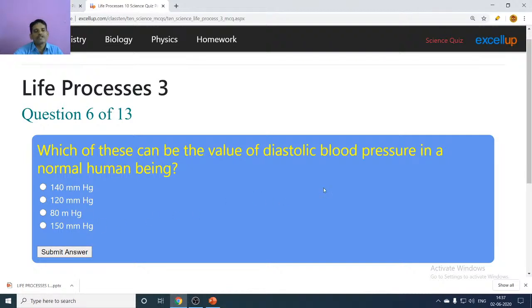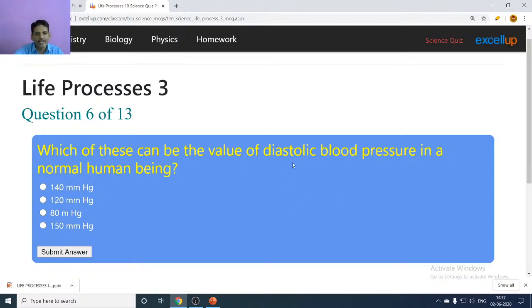Which of these can be the value of diastolic blood pressure in normal human beings? Normal human beings, what is the blood pressure? 120 by 80 mm of Hg. What does that 120 represent and what does that 80 represent? 120 represents the systolic pressure when the heart contracts, and the 80 represents the diastolic pressure when the heart relaxes.